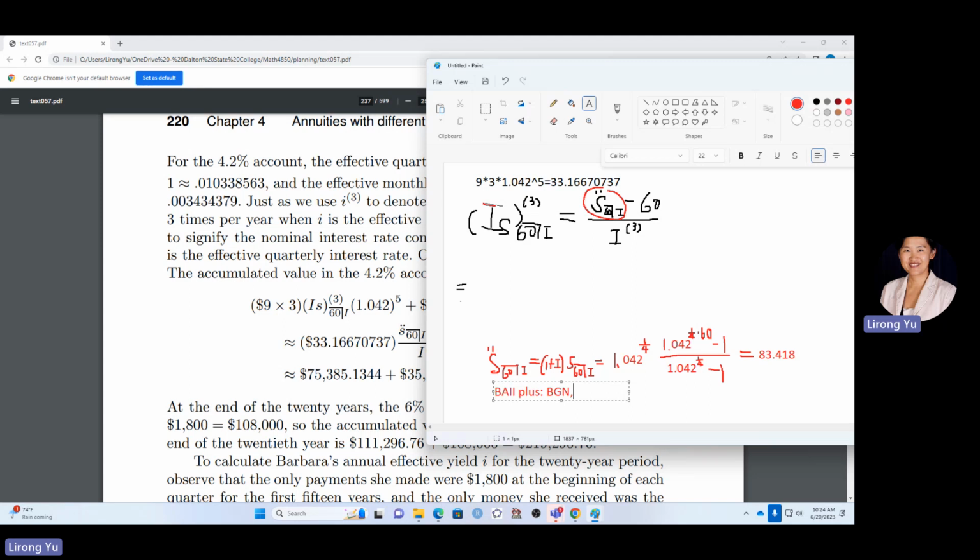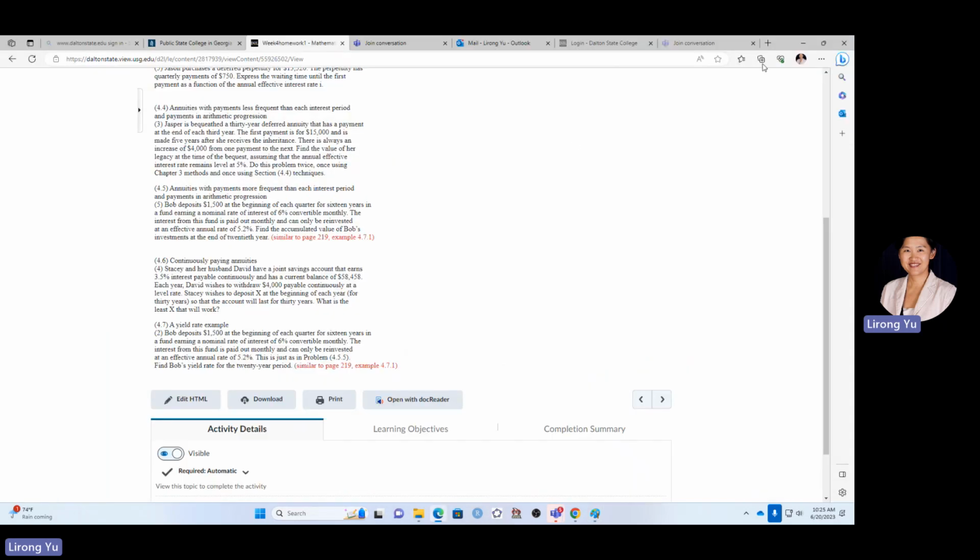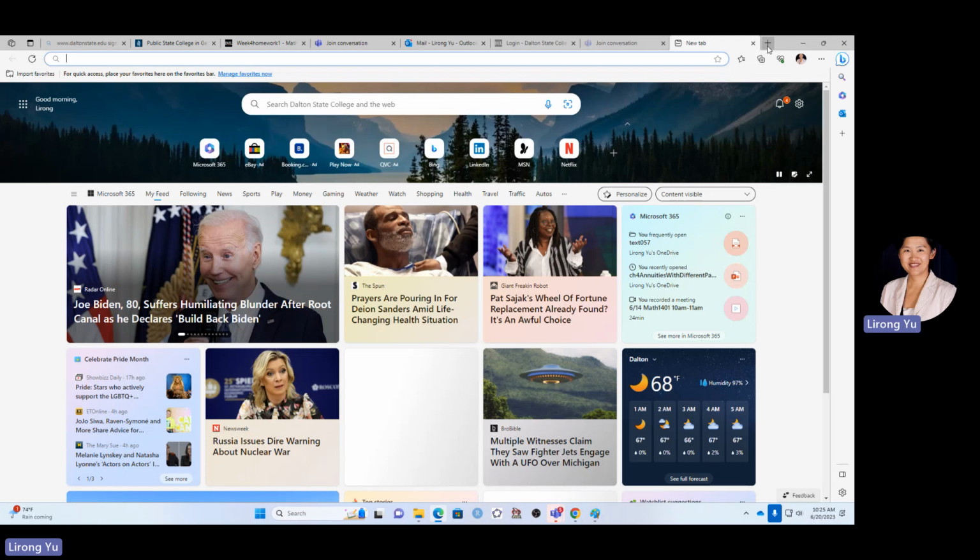Once your calculator is in begin mode, what you're going to do is enter the payment. So $1 for the payment. And the number of payments is 60. That's N. And then the interest, we have to find the interest. So let me calculate interest. I try not to mess it up.